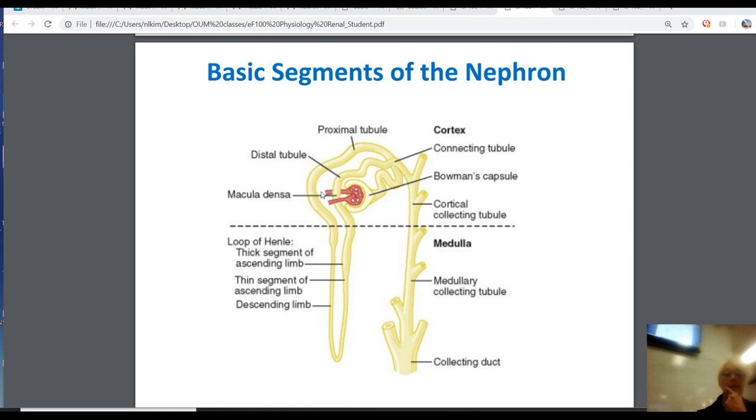So here you see the glomerulus inside Bowman's capsule. You have your afferent arterioles going in, and your efferent coming out. Now it's in the arterioles that we've got these pressure sensors that help determine whether or not the blood pressure is too high.